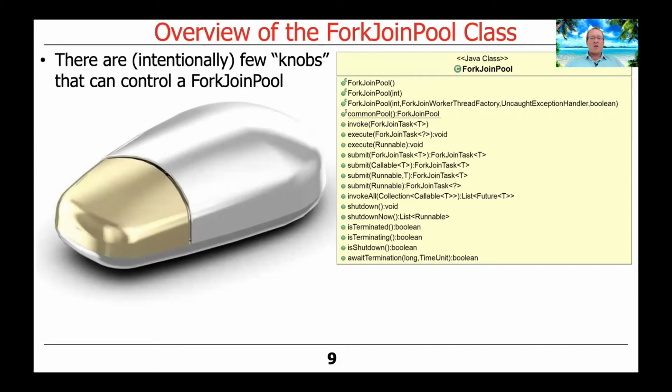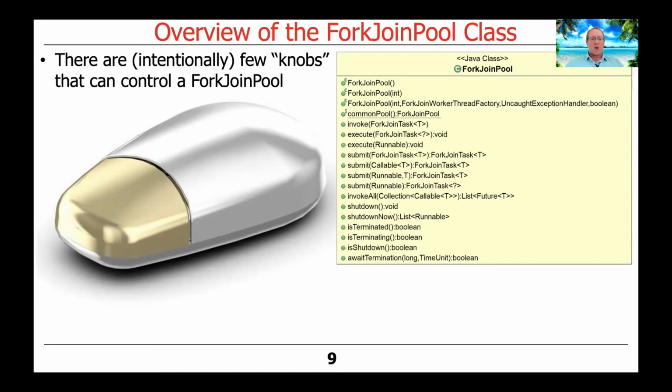Now, here's a little bit of interesting design trivia. There are intentionally very few knobs that users can set to control a fork join pool. As you can see from this API here, most of what you have is the ability to submit various kinds of tasks, be they runnables or callables or fork join tasks and so on. And you can shut things down. And that's about it.